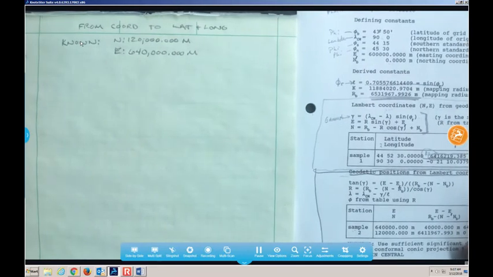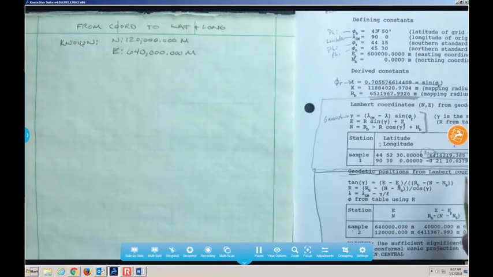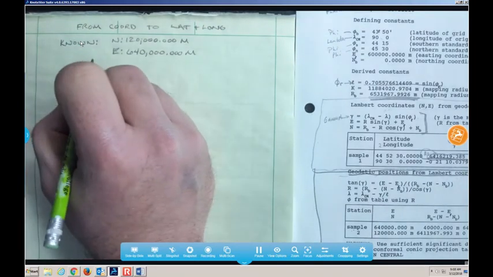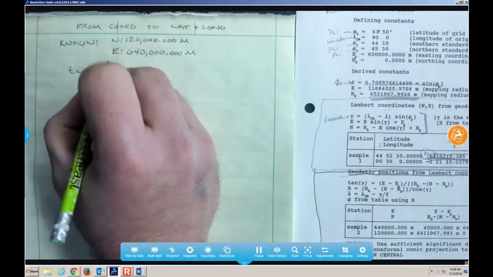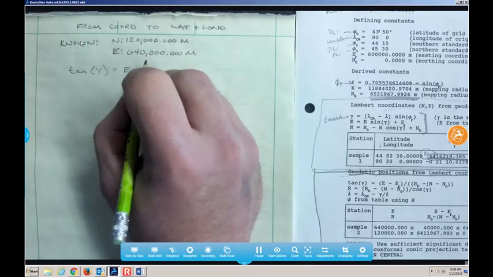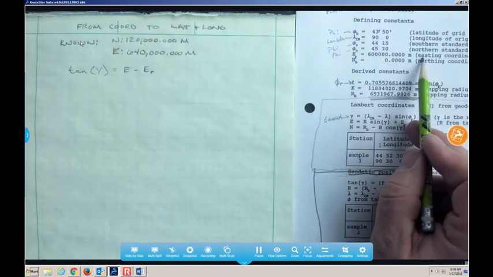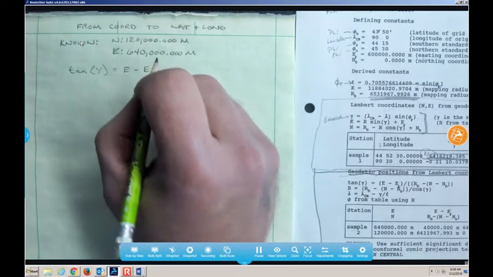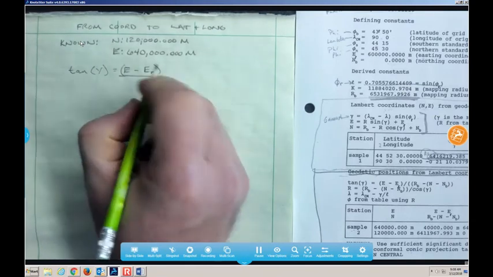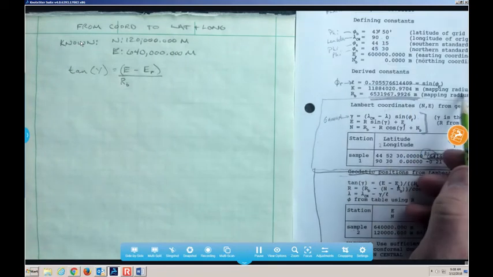This first equation, to go from geodetic positions, or northing and easting, to lat and long, is the tangent of gamma equals the easting minus the easting ER, which is the easting of the origin coordinate for our coordinate reference system, divided by RB, which is our mapping radius of the grid origin.